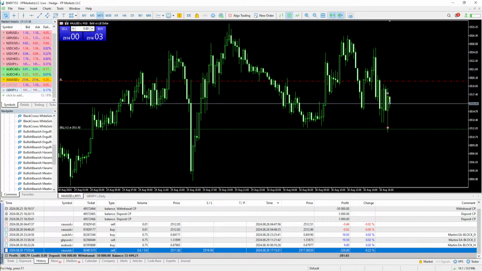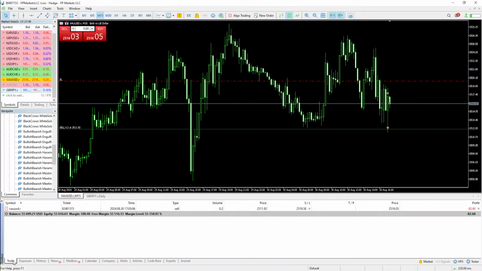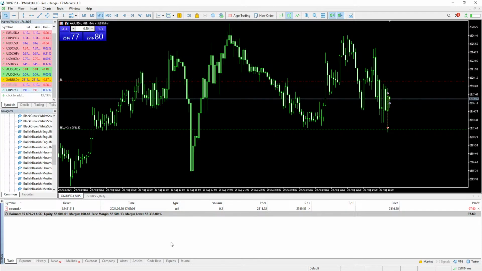How are you able to close a part of your trade without closing your entire trade? Yeah, it can be done from the mobile terminal as well, and this terminal as well. What you need to do is just click on your trade, and when you see your close button above your trade, you will see your lot size.